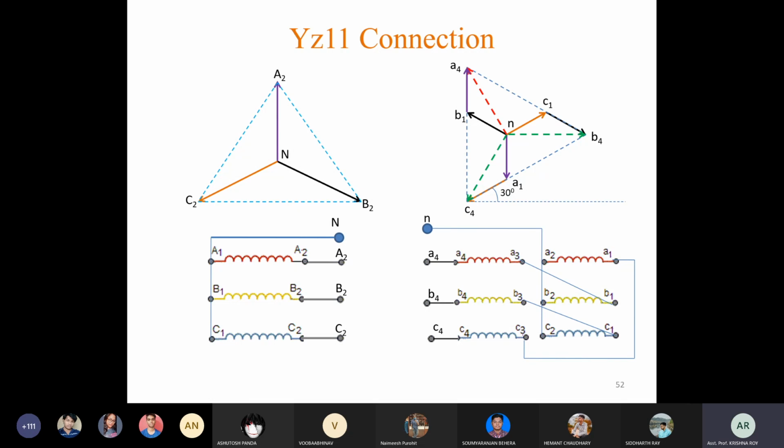So can you identify the difference in connection between the previous diagram and this diagram? In that diagram also we have shorted the 2 terminals, and 1 to 3 terminals are connected. But then what is the difference? A1 was connected with B3, but here the reverse is happening. A3 is connected with B1.